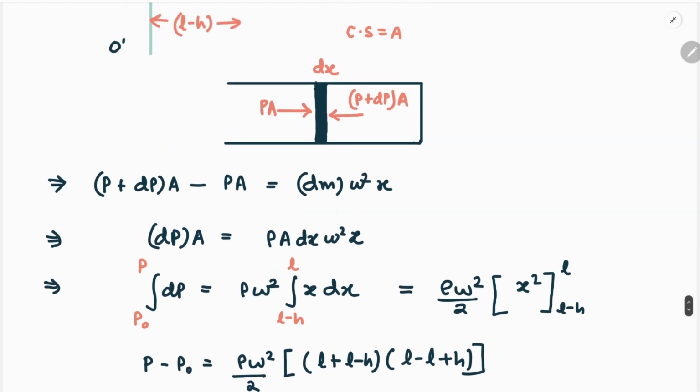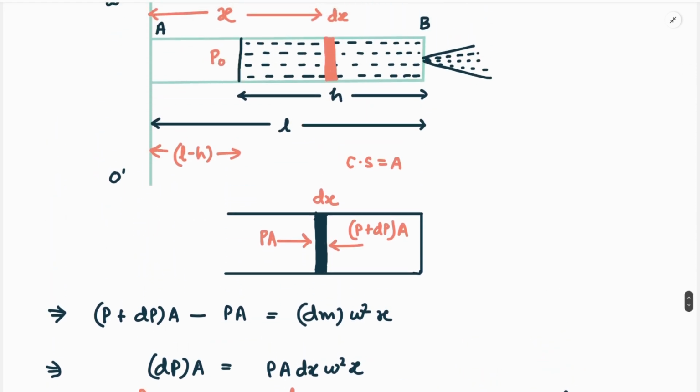Now the next thing to understand is that at the point which we mark as point 1 and this point 2, we are going to apply Bernoulli's equation. At point 1 we have pressure P, which we have evaluated right now. At point 2 the pressure is P0. At point 1, the velocity v1 equals 0, and the velocity at 2 is v, which we need to determine.